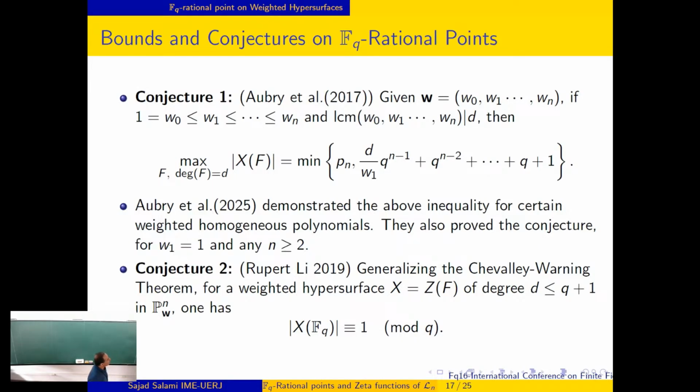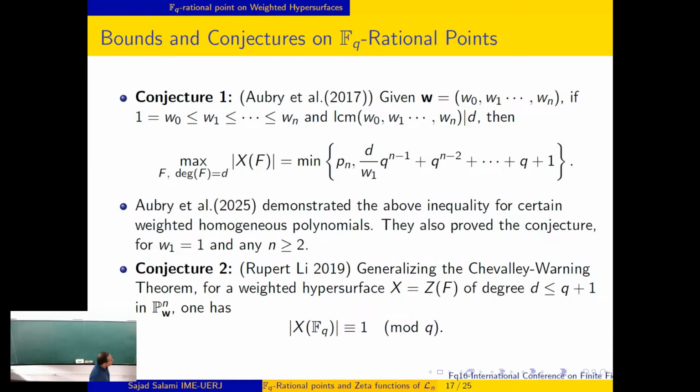If you have weights that satisfy this condition, the first weight is 1 and the others are sorted, and the common multiple of the weights divides the degree of the hypersurface, then the maximum value of the F_q rational points of hypersurfaces of degree d is the minimum of these two values. And they also recently showed that the above equality holds for certain weighted homogeneous polynomials. They also proved the conjecture assuming w_1 is equal to 1, and for any dimension.